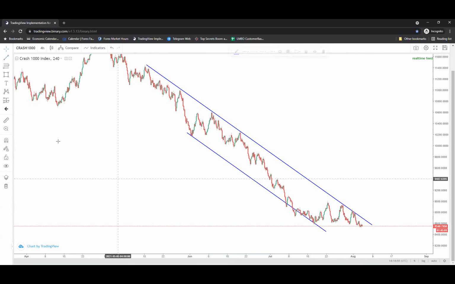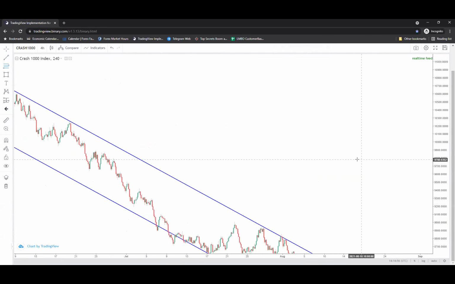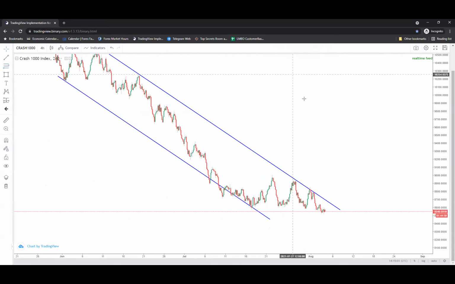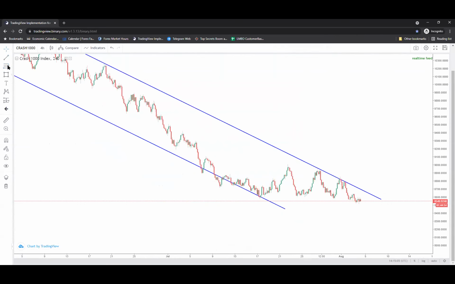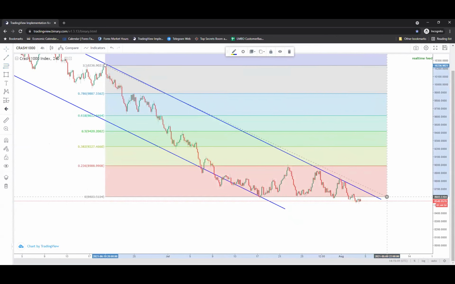Even if I put a smaller Fibonacci from this area to this area, the market is not even coming out of the 23.6 level since last how many days?